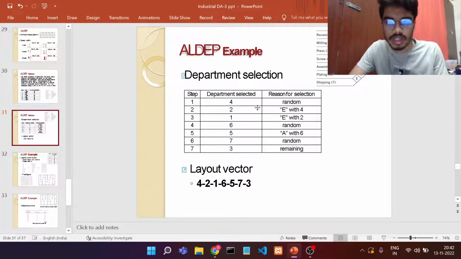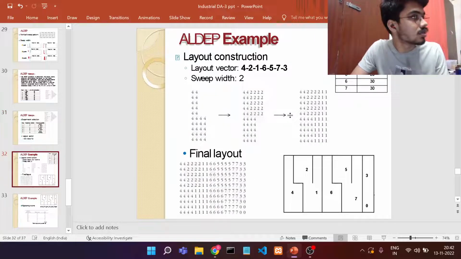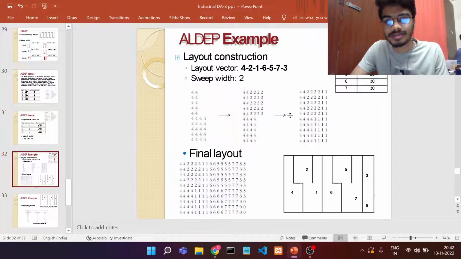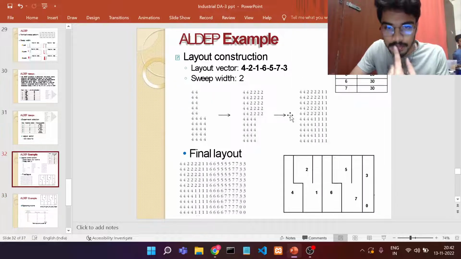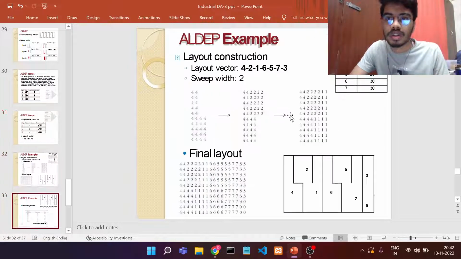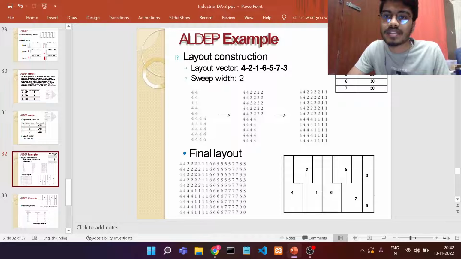So for department 4, we will look for department 4 here. Okay, so basically department 1 has 30 units.